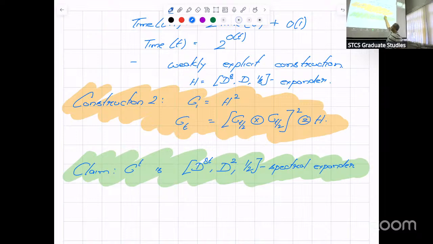And once again, I take a square, the degree becomes d power 8. So the degrees do match. The degree of this vertex is in fact equal to the size of H, so the zigzag product is well defined. In fact, this is a d power 8t size graph, each time adding a d power 8 factor, of degree d square, which is the square of the degree of H.